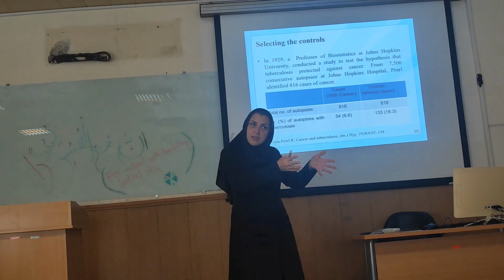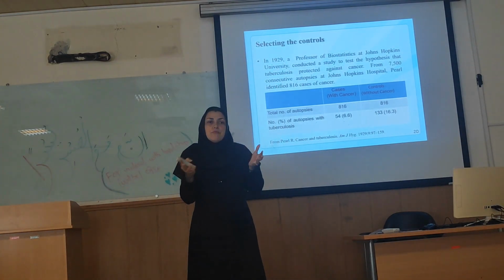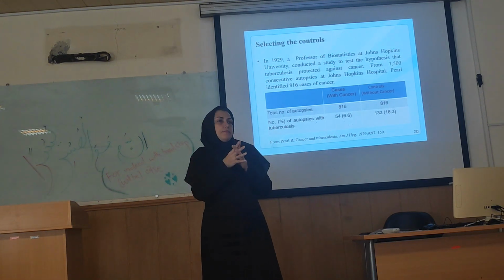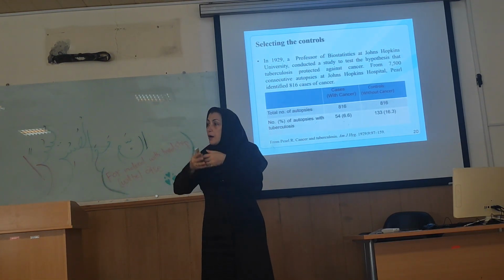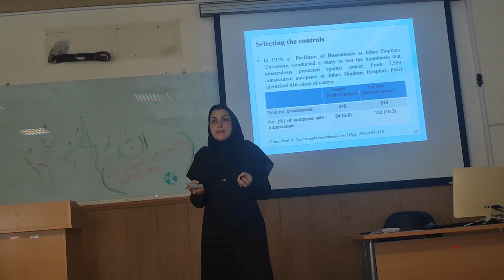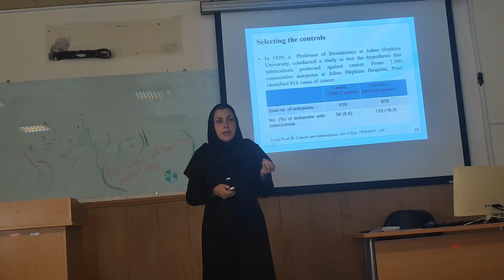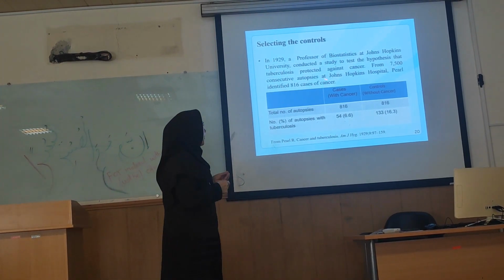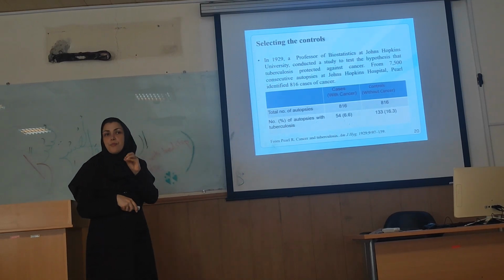The number of cases is limited, and we can select the cases from that limited number easily. But the controls have so much variety, and it is important to select an appropriate control.